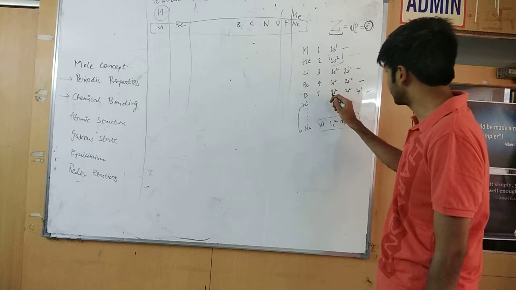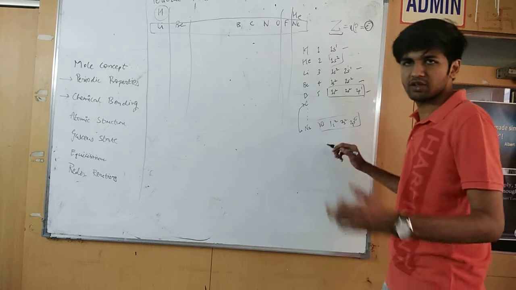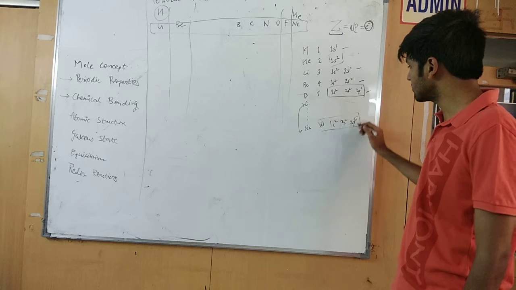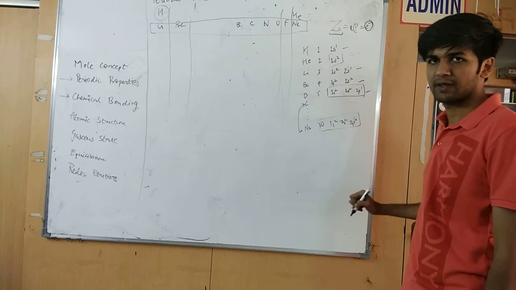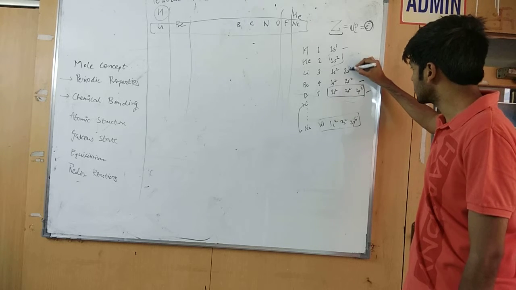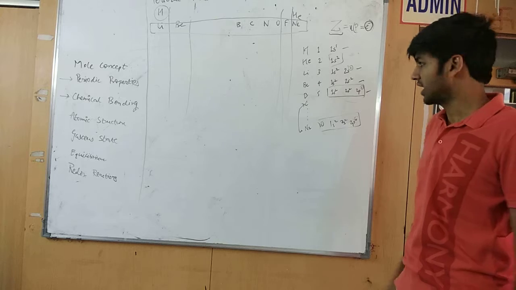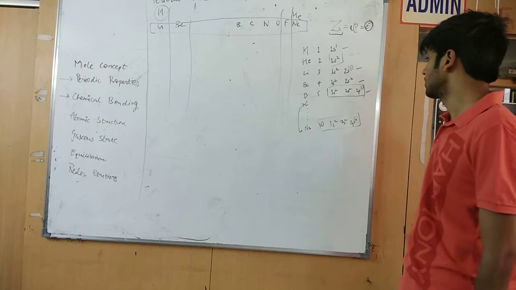If the electronic shells are unfilled, they are unstable, because stability comes if you have filled electronic shells. So because of these unfilled electronic shells, they make bonds with different kinds of elements, and there are different types of bonds also.